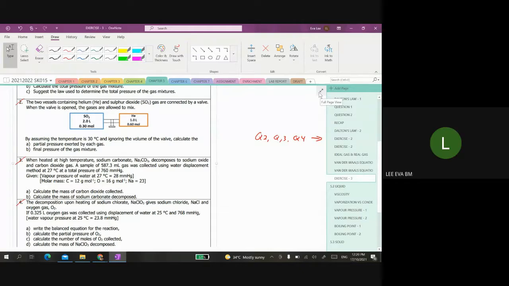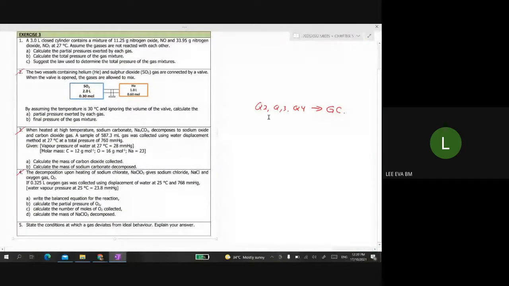Okay, that one is experiment 4, at the end of this week lah. And this one, that one is on your own time. Today? Oh, never mind. Untuk hari ni punya sesi saja, apa yang kena buat? Dekat sini. Question 2, 3, 4 into GC.